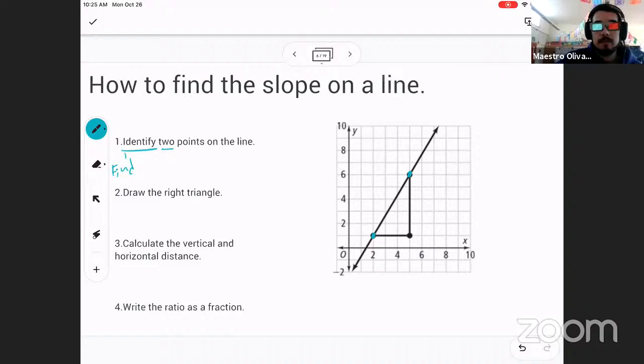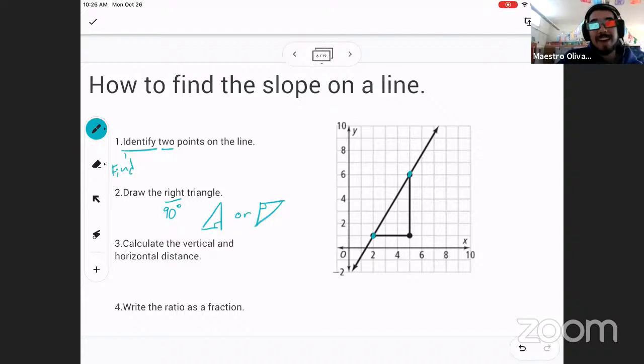Step 2, draw a right triangle. The right triangle means it has a 90-degree angle. So it's going to look either like this or like this.